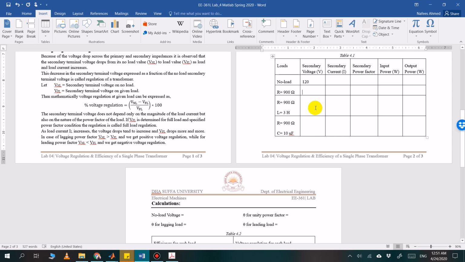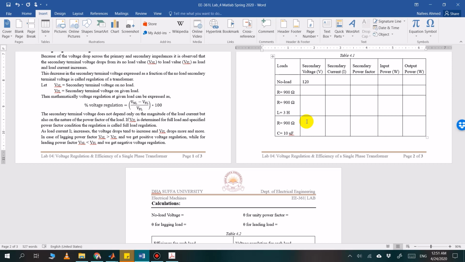Okay, just to remind you that in practical we have RL load. Every load that you see around yourself is made of R and L. There is no capacitive load. Naturally, capacitive load does not exist.